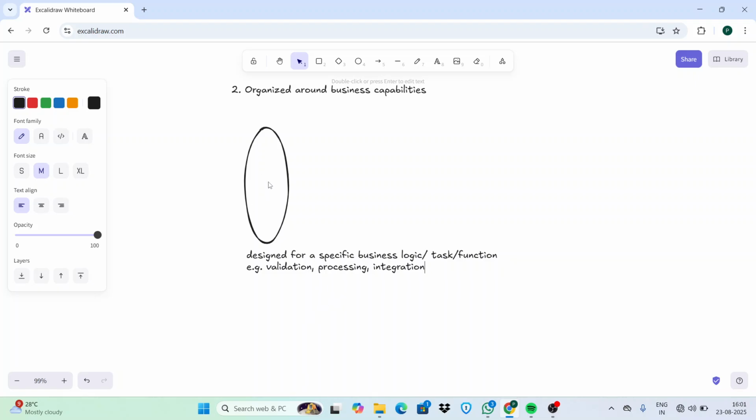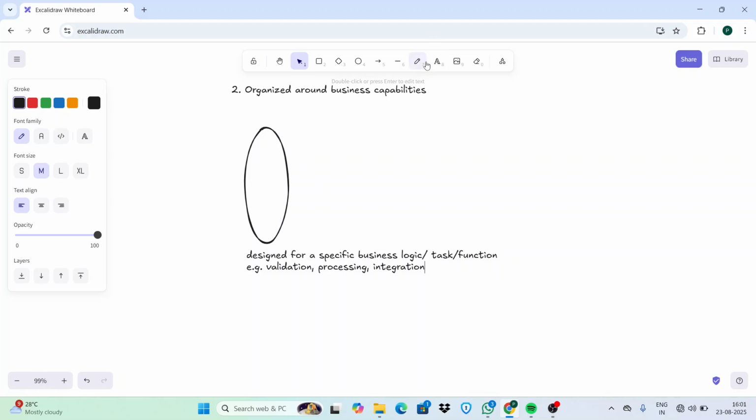It's not about the size, actually it's about the purpose. A microservice is not defined by how small it is, but by how focused it is.